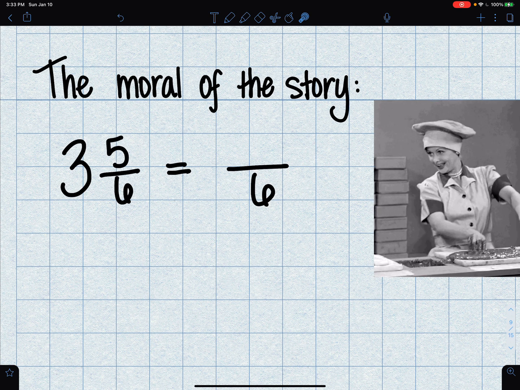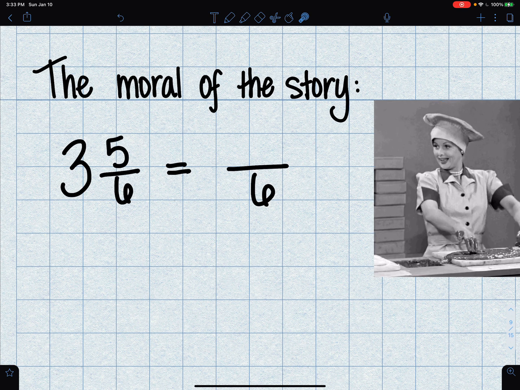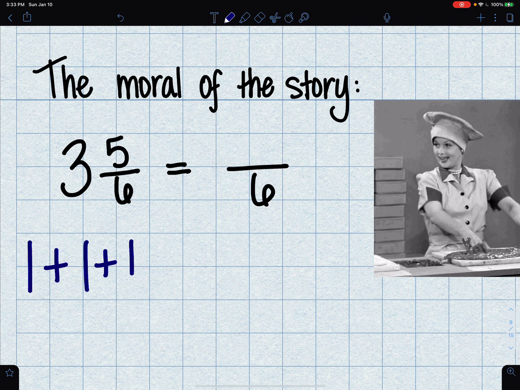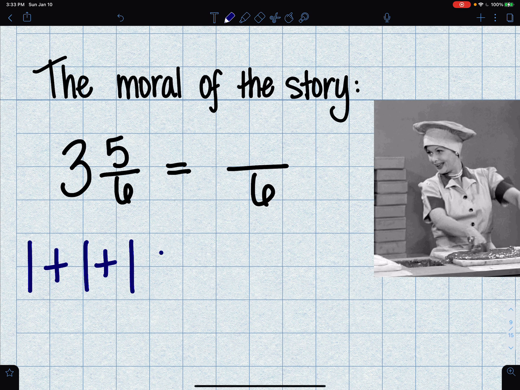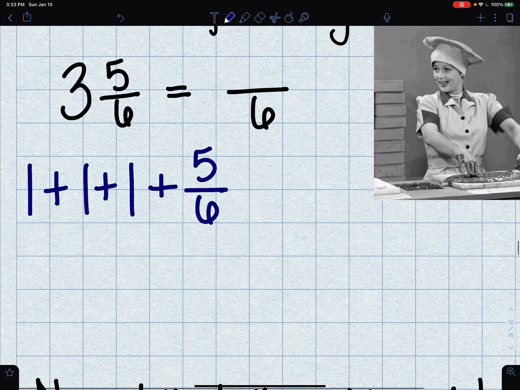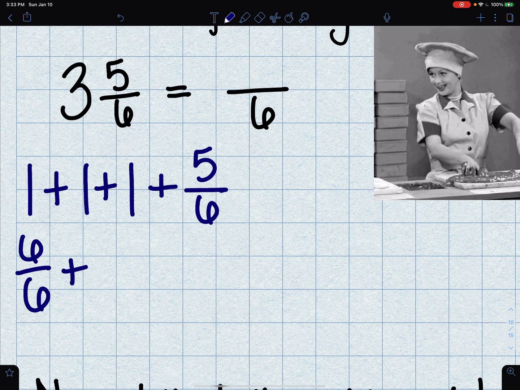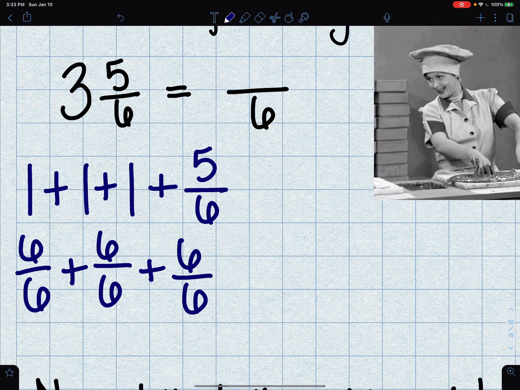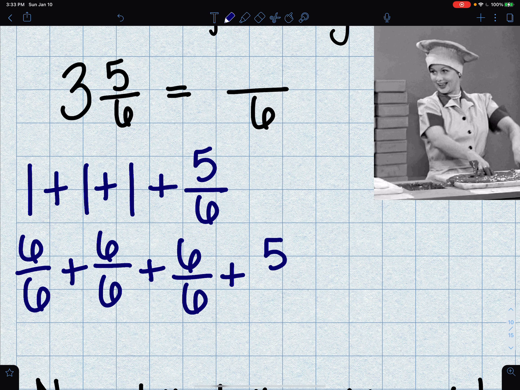Now, we know that 3 is the same as 1 plus 1 plus 1, and then we add the 5/6. We also know that a 1 is the same as 6/6 plus 6/6 plus 6/6, and then we're not going to forget about this part of the fraction, so we're also going to add 5/6.